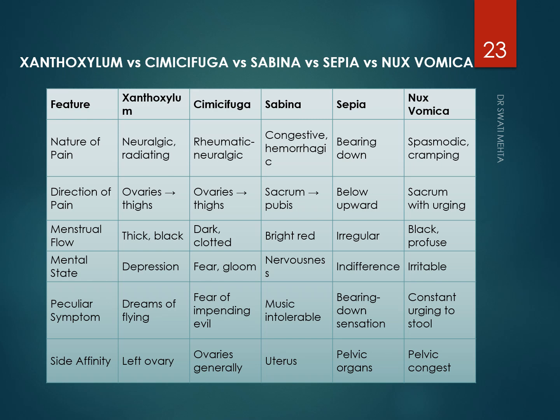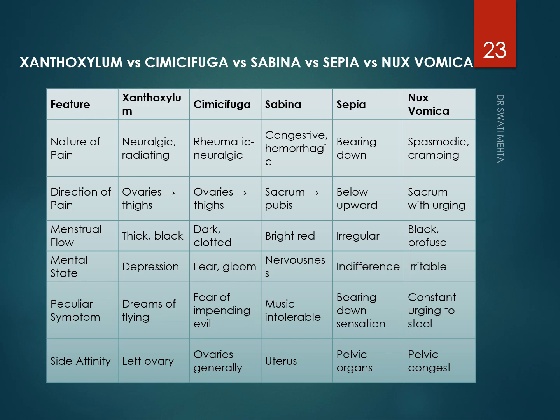Menstrual flow in Xanthoxylum is thick and black, Cimicifuga dark and clotted, Sabina bright red, Sepia irregular, and Nux vomica black and profuse. Mental state in Xanthoxylum is depression, Cimicifuga fear or gloom, Sabina nervousness, Sepia indifference, and Nux vomica irritable.